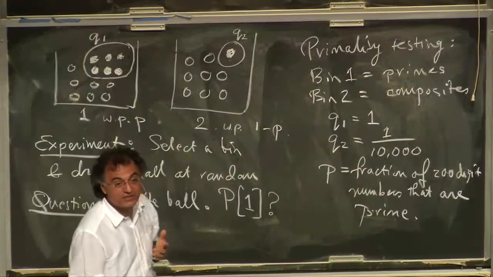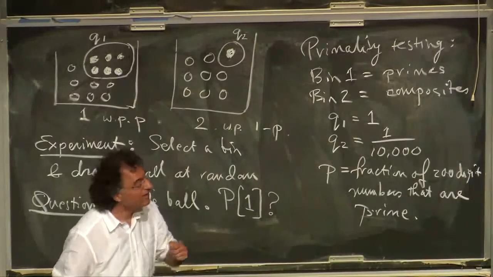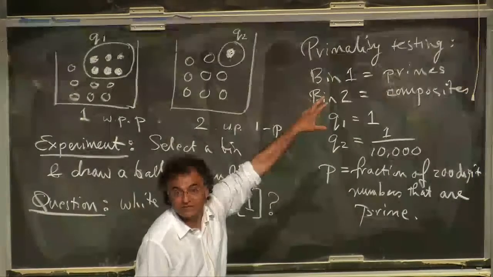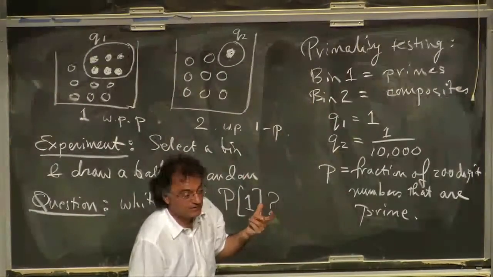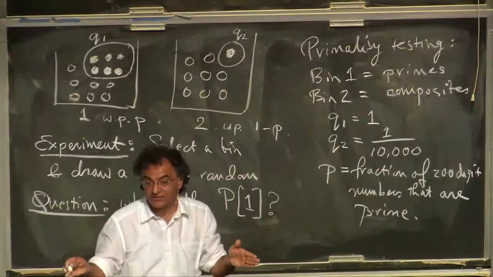What you could do is have the algorithm run for twice as long, and then that error gets squared. So instead of 1 over 10 to the 4, it'll become 1 over 10 to the 8. And the algorithm would just take twice as long.